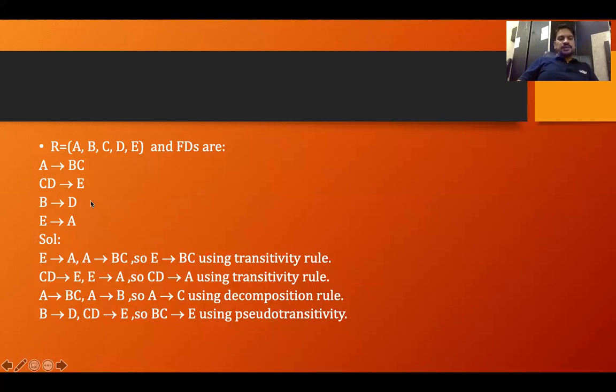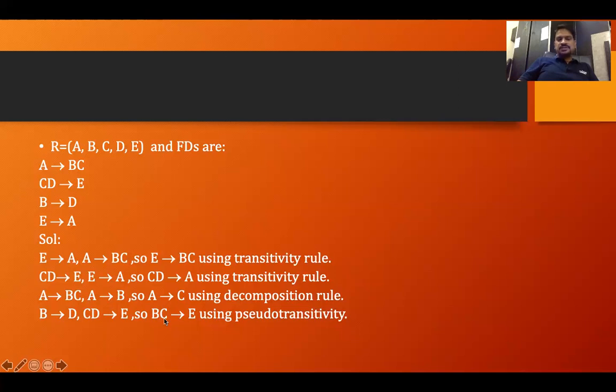Now we apply the decomposition rule. A determine BC. Can we apply the decomposition rule here? So A determine BC will become A determine B and A determine C. Then we have pseudo transitivity, which is the last additional rule of the inference rule. It says that we have B determine D and CD determine E. Can we say CB determine E? Yes, we can say that.